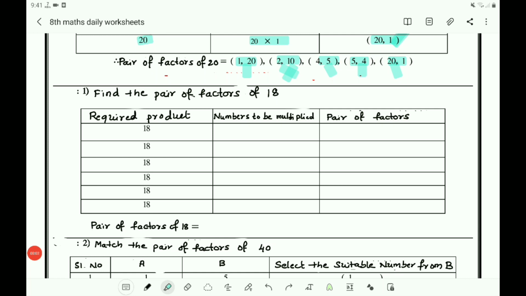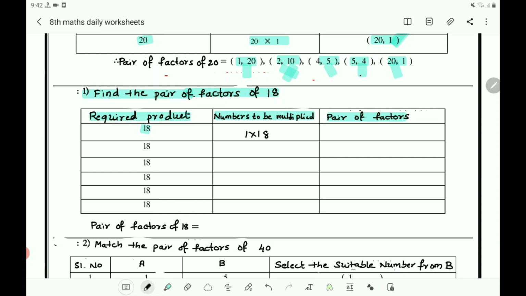With the help of the above examples, children, find the pair of factors of 18. Find the pair of factors of 18. So here the required product is 18 and you write the numbers to be multiplied and the pair of factors. One example you can take: 1 and 18. 1 into 18.